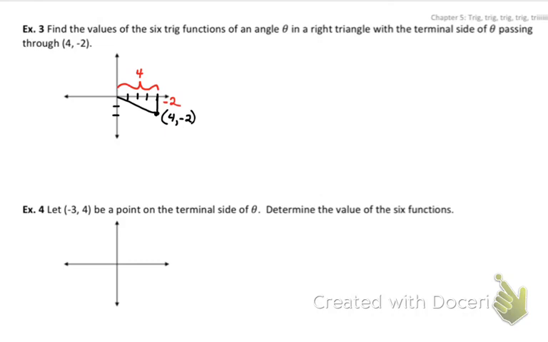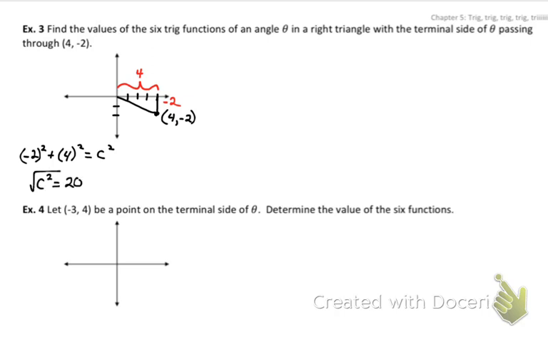All right, so we're going to do negative 2 squared plus 4 squared. I should have put that inside. Is going to equal c squared. Well, that's 4 plus 16, which is going to be 20. So c squared is going to equal 20.